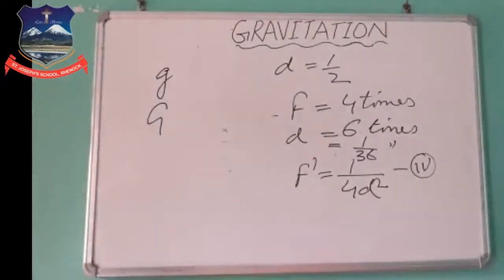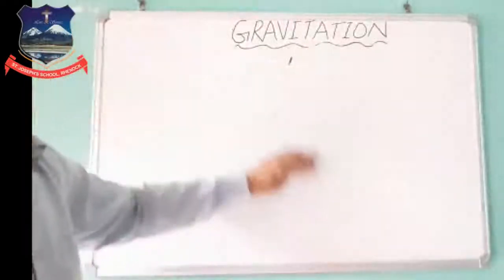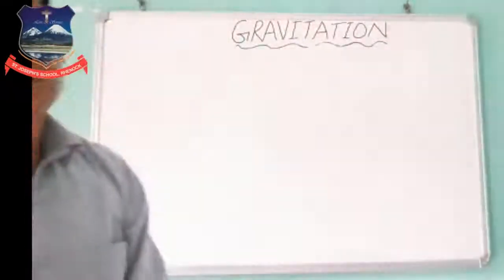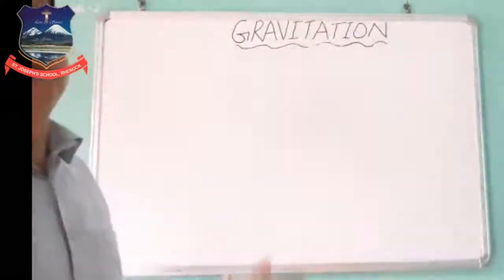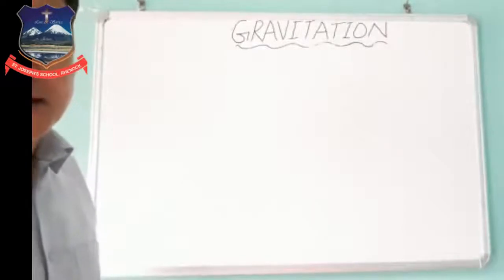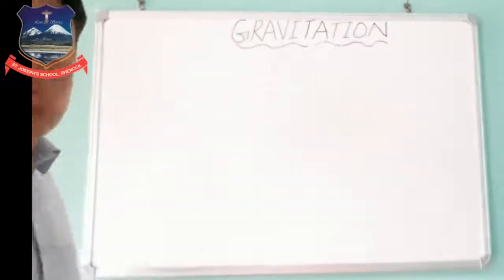Now the next point is the unit of gravitational constant. As we know, the value of gravitational constant is 6.67 into 10 to the power of minus 11 Newton meter square per kilogram square. Now how does that unit come? You don't have to mug up, you just remember the process.